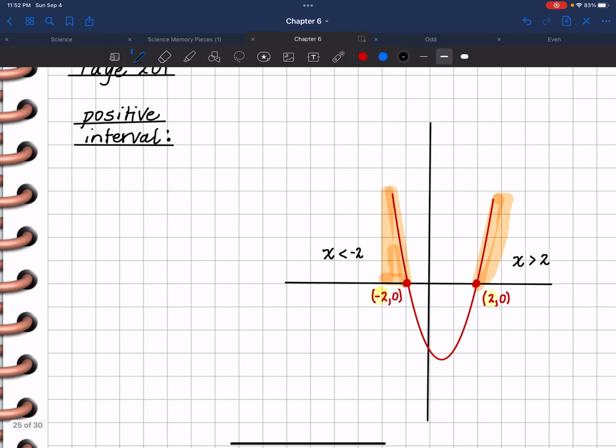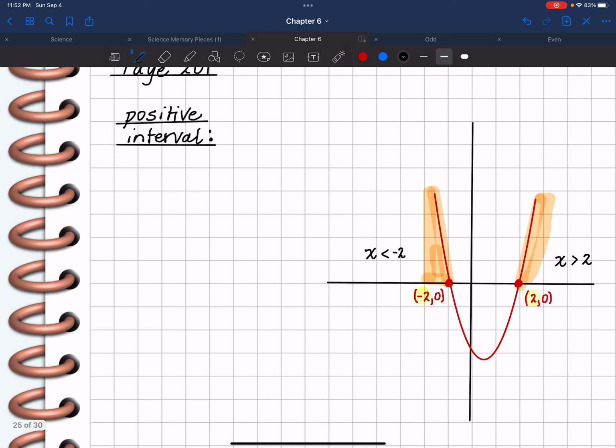So the positive interval is going to be the values of x for which the graph is above the x-axis.